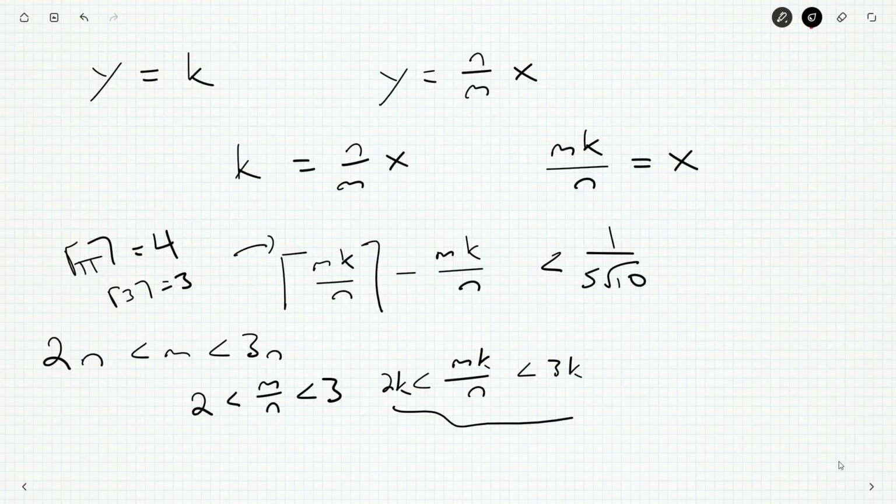Well, here's what I'm going to do. I'm going to grab my calculator. 1 over 5 root 10 is about 0.0632. So that's a very, very small room for error. Does this help me? Not entirely.